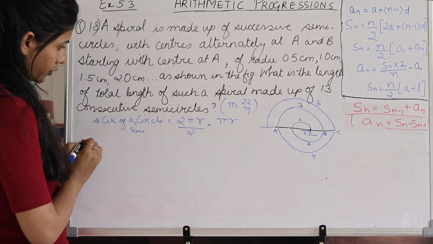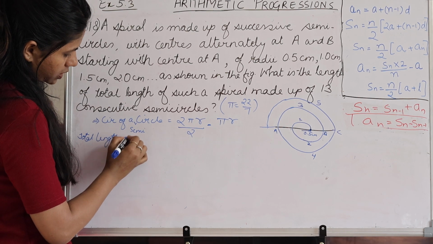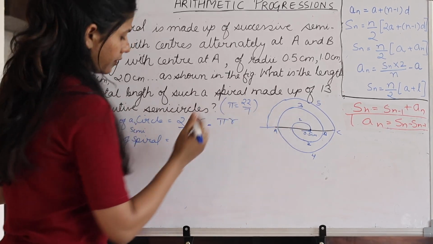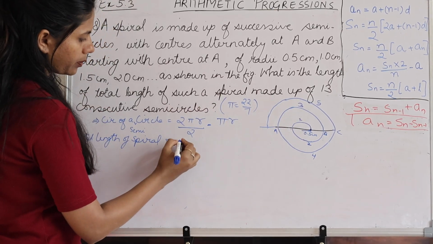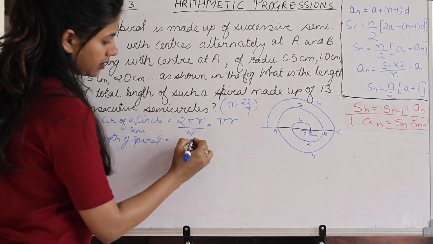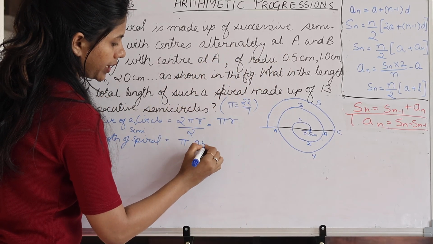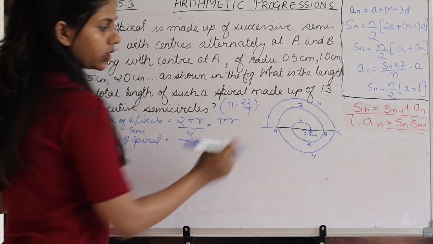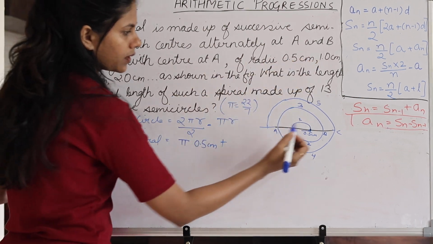Now we will see what we have to find out. Total length of spiral equals the length of 1. What will be 1? Pi times the radius. Let's say radius 1 is R1, and the first radius is 0.5 cm, plus pi times the second radius. The second radius is 1 centimeter, it is double of the first one.